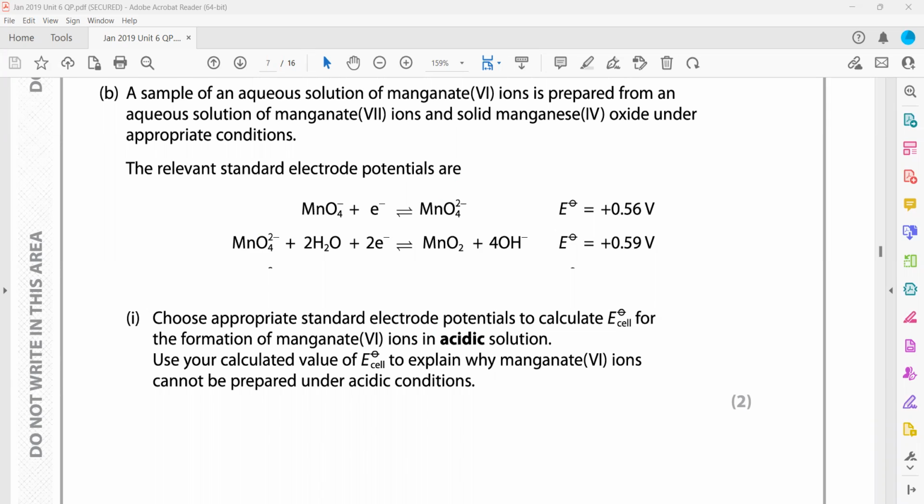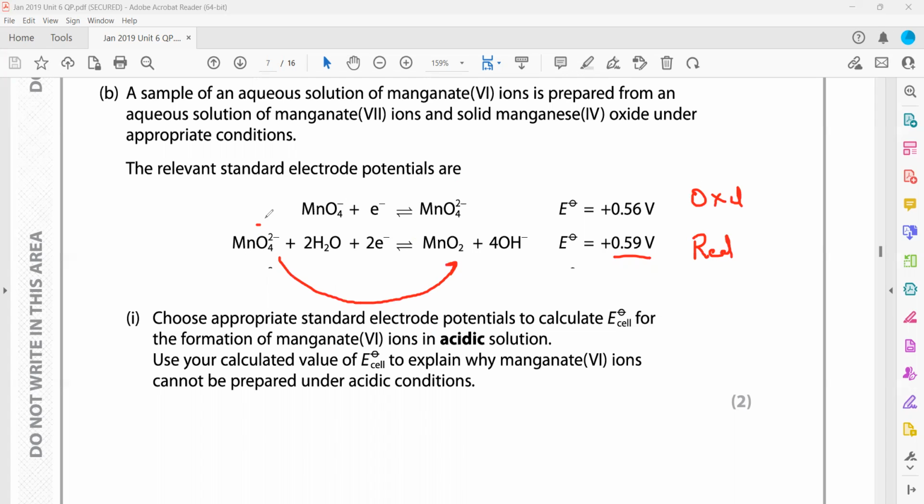And which one will be oxidation? The other one, because it is reduction minus oxidation. So this will be reduction because of a higher value, and this one is oxidation. So this reaction will happen here.